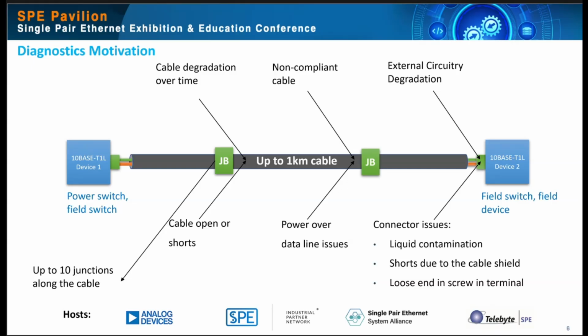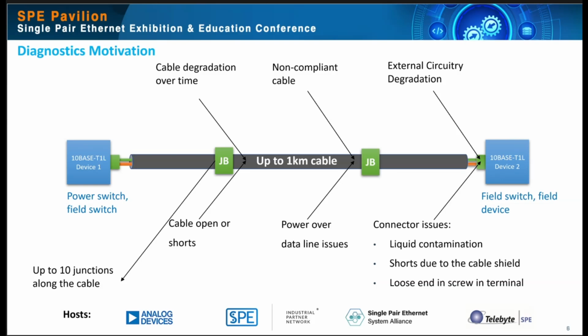So if you're trying to retrofit this technology into a building where cables already exist, those cables may not be to the standard that's specified by IEEE in terms of supporting the 10 megabits of data over the 1 kilometer of distance. But they will support some amount of high-speed data. So you want to be able to determine how far you can get with a non-compliant cable.